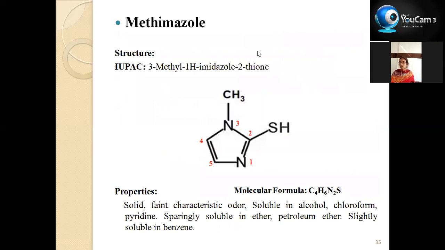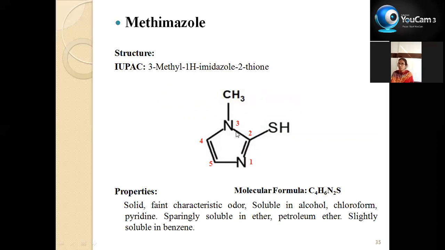So the next drug is methimazole. Methimazole, and this is the structure. IUPAC name is 3-methylimidazole-2-thione. So this is the structure of the imidazole, means a 5-member ring with 2 nitrogens is known as imidazole. In the second position, sulfur is thione, and in the third position methyl.